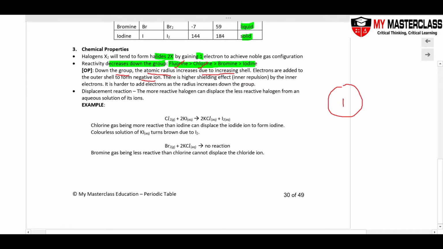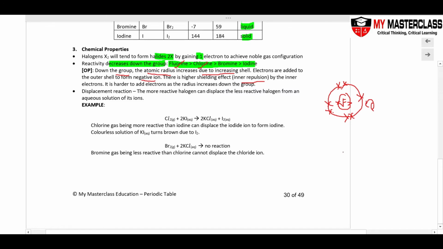So for example, my fluorine, okay, there are 2 shells, there are 2 electrons, and then followed by 7 electrons. I am trying to add electrons into fluorine when they react to form compounds. So they are trying to add the electrons inside. So there is higher inner shielding effect or higher repulsion by the inner electrons.